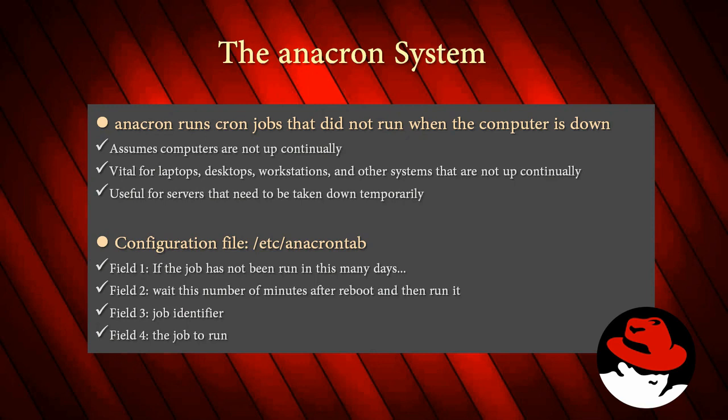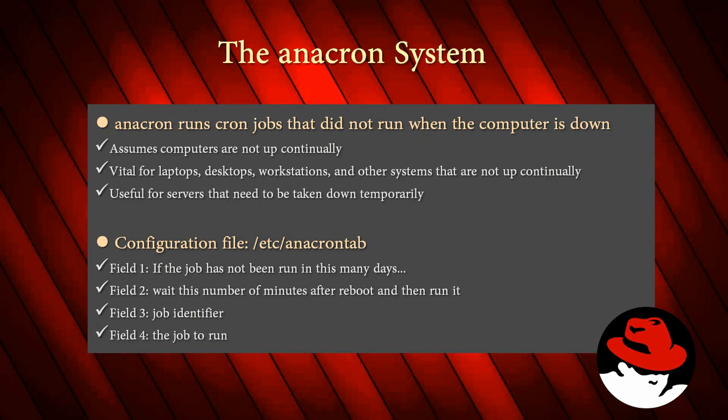Suppose we have scheduled a certain thing using cron to execute on 24th of November at 2 a.m., and at that time our system was turned off, and the task was postponed. We can configure that task again with anacron.